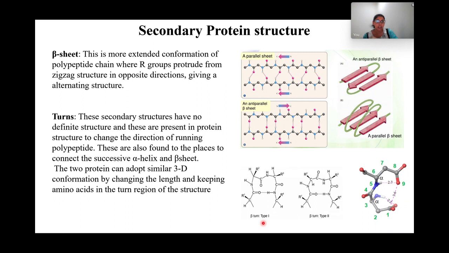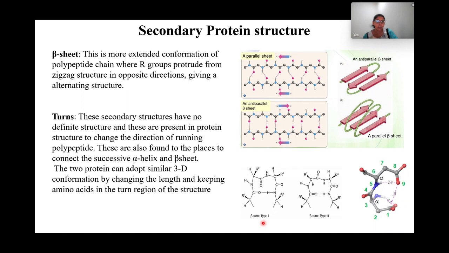As a result, the fourth amino acid and the first amino acid are now connected to each other, pushing the third and fourth out from each other. So this part here forms a loop or a turn, and the R groups of these are facing outside. So that's why this is a turn here. Similarly here, you have a beta turn here as well.